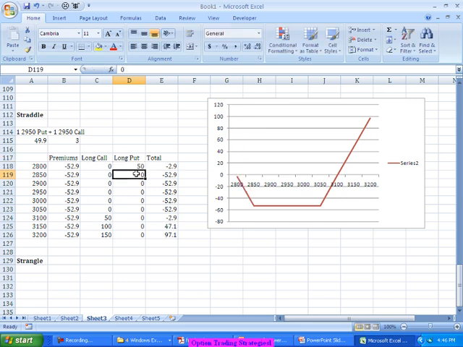Now you see here, even more of a wider range, your profitability exists. So if you think that the volatility is going to be very, very high compared to the previous strategy, but you don't know in which direction the stock will move. Sometimes some events will lead to this.